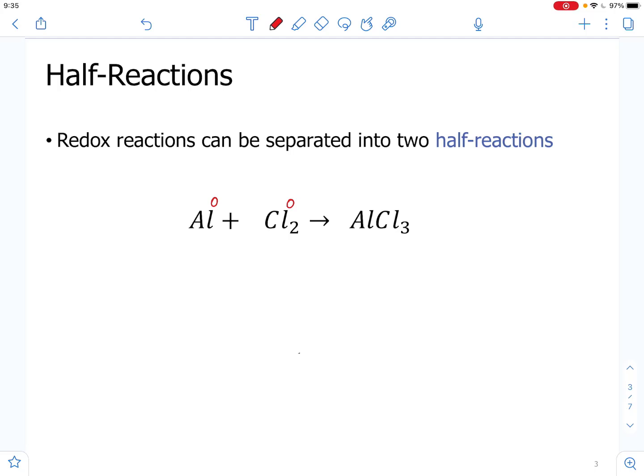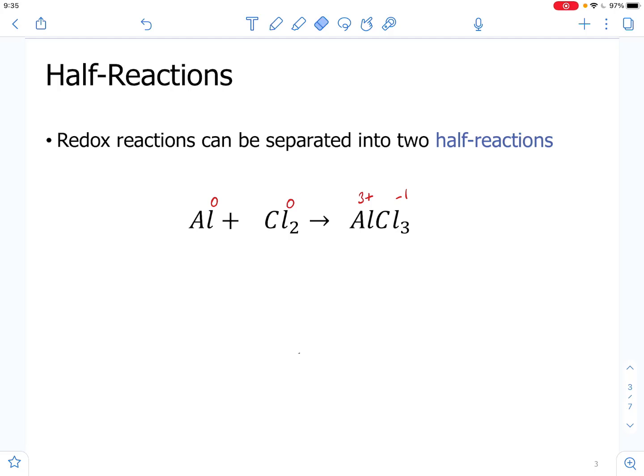Now, when they combine to produce aluminum chloride, aluminum gets a charge of 3+, and chlorine gets a charge of -1. For ionic compounds and for monatomic ions, the charge of the ion is equal to the oxidation number. So here, the oxidation number for aluminum is +3, and for chlorine is -1.